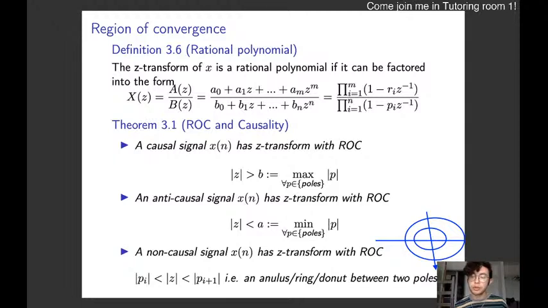And if you have a bunch of poles, then you'll have a bunch of different non-causal signals that you can extract from a certain zero-pole plot. In order to specify further, you'll want other criteria that I'm not going to talk about further here, but we can identify them uniquely.